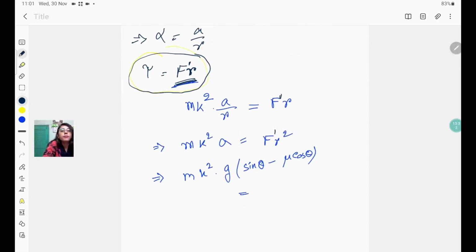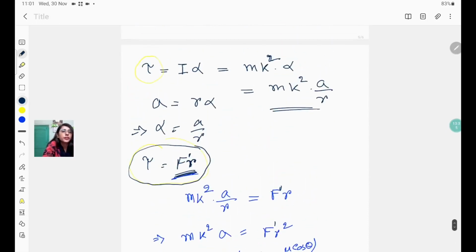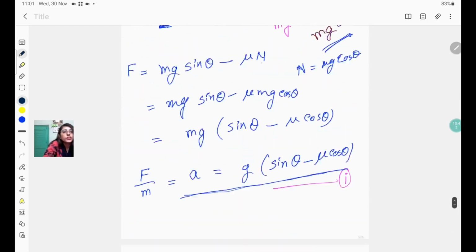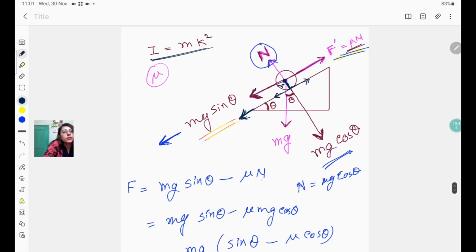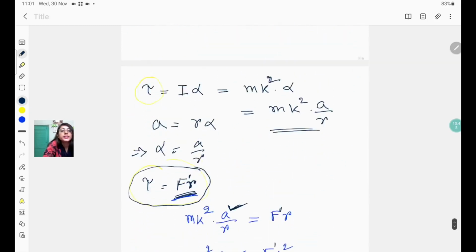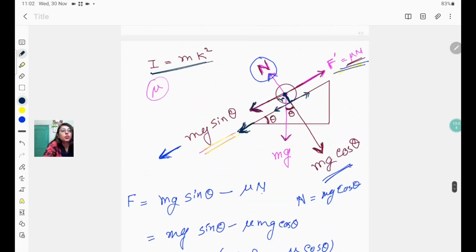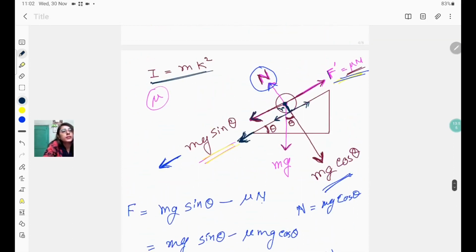So in place of f prime, what can we give here? Actually this acceleration A comes from the force for which the body is rolling down, that is the final F. And this torque comes from the resistive force.